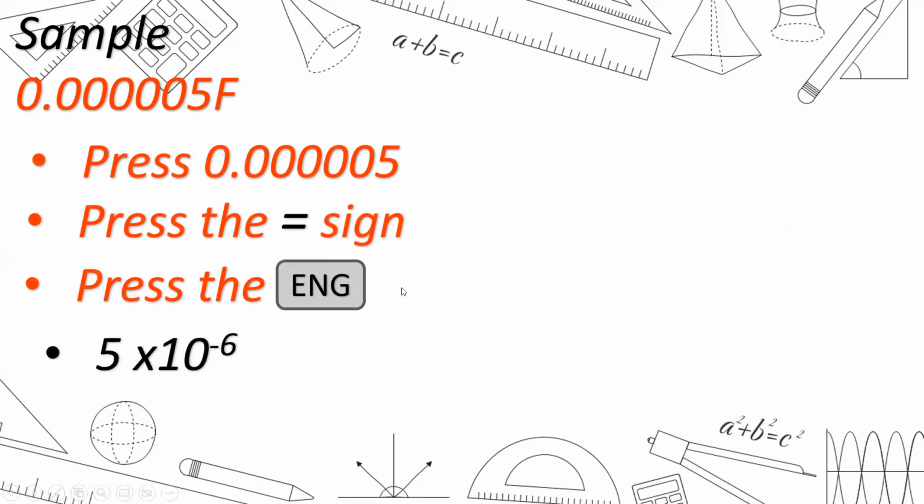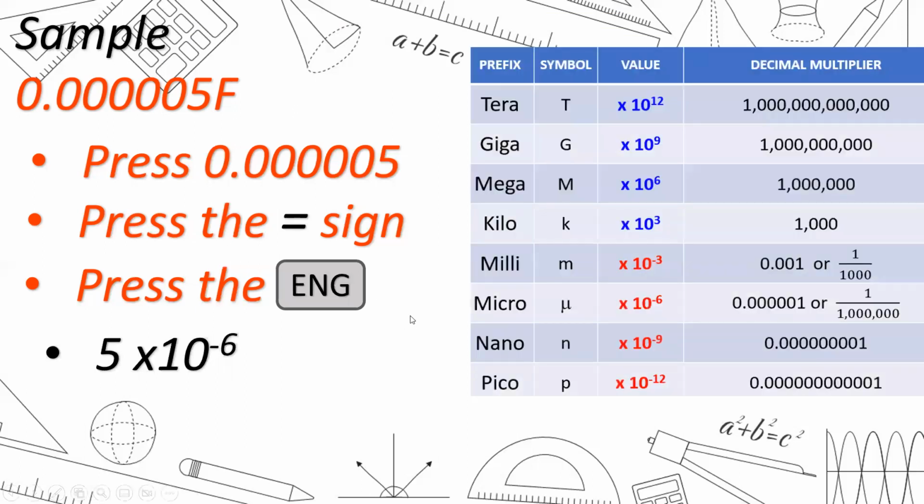Then it should display 5 times 10 to the negative 6 in your calculator. So again, looking in our table, the times 10 to the negative 6 corresponds to micro. So if we're going to write it, simply 5 microfarad. So our given can be expressed simply as 5 microfarad.